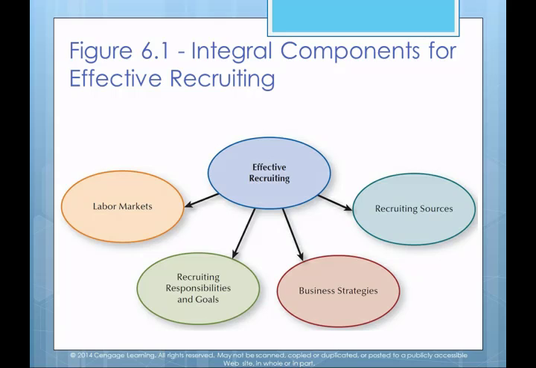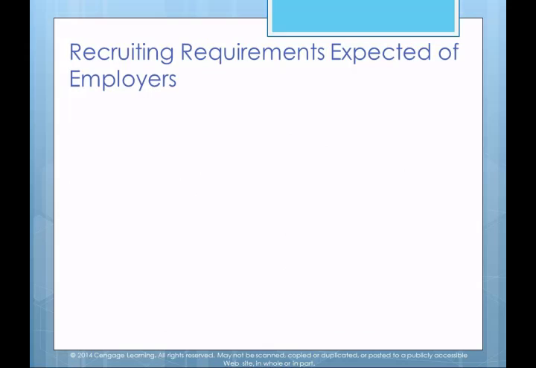You need to cultivate relationships with sources of prospective employees. You need to promote the company brand so that the employer is known as a good place to work, and use recruiting metrics to measure the effectiveness of your recruiting efforts. All of those are integral components of effective recruiting.